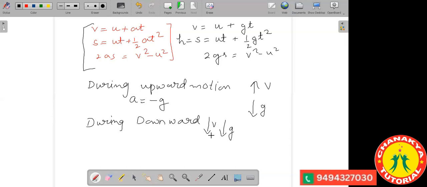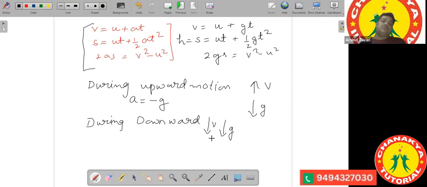Okay, sir. So see here, during the downward motion, we observe that the velocity and acceleration are both acting in the downward direction. So here we take our acceleration to be plus g. Both are in the same direction, velocity and acceleration, then we take the acceleration to be positive.